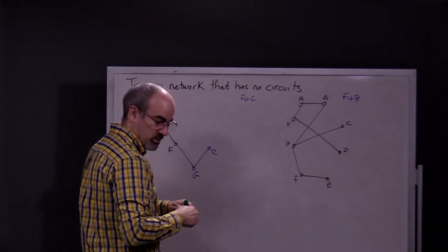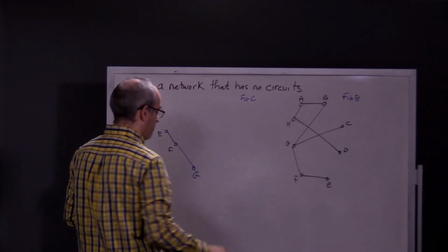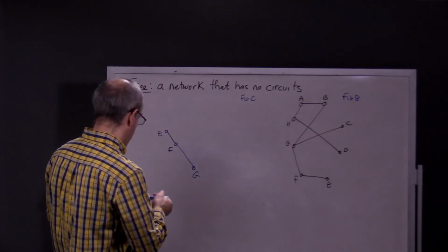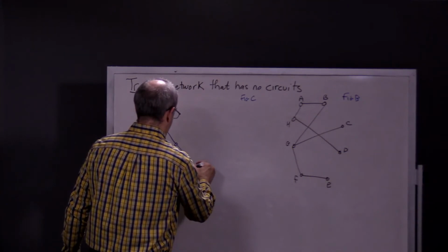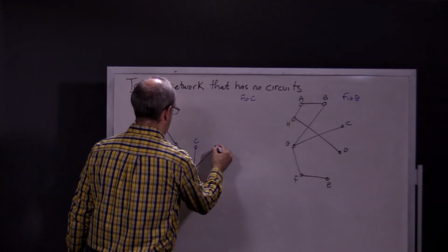I think I want to redraw it. Because there's more coming off of B than there is off of C, I could just put maybe going to C here, then to B here.